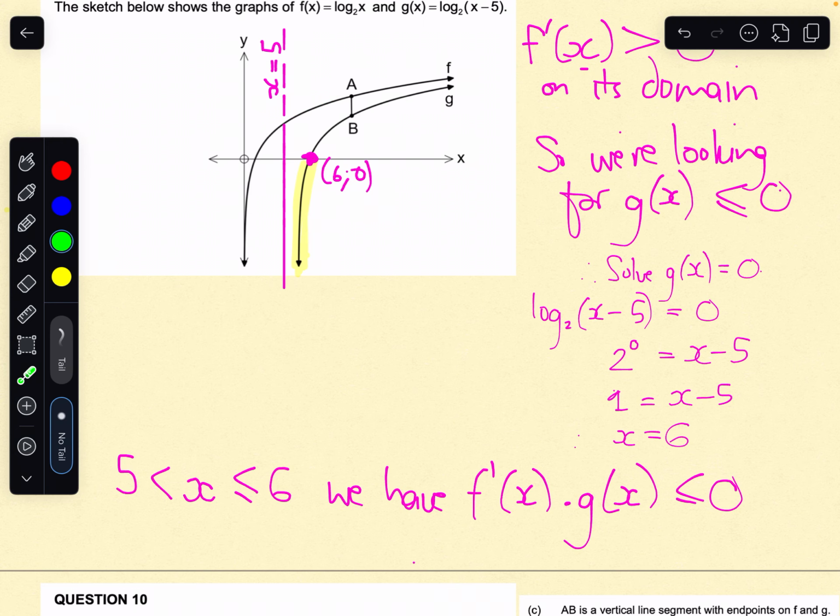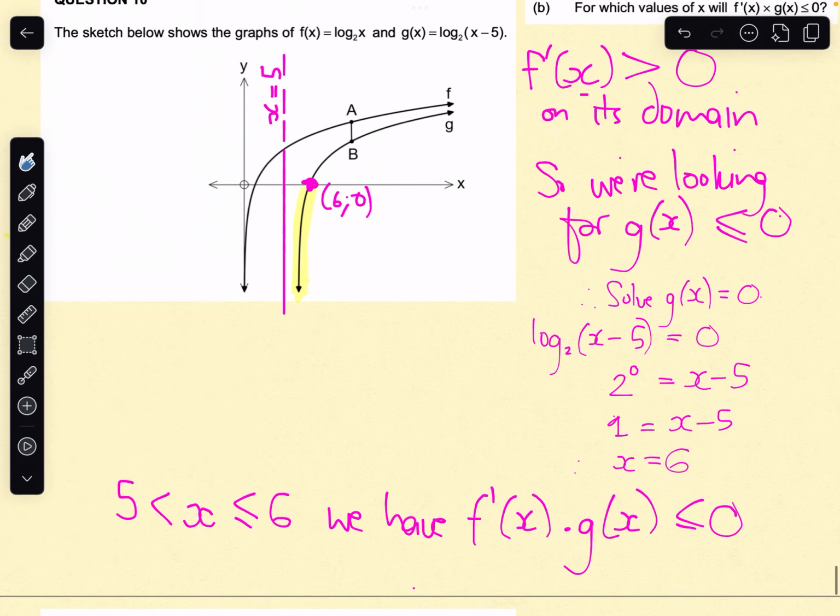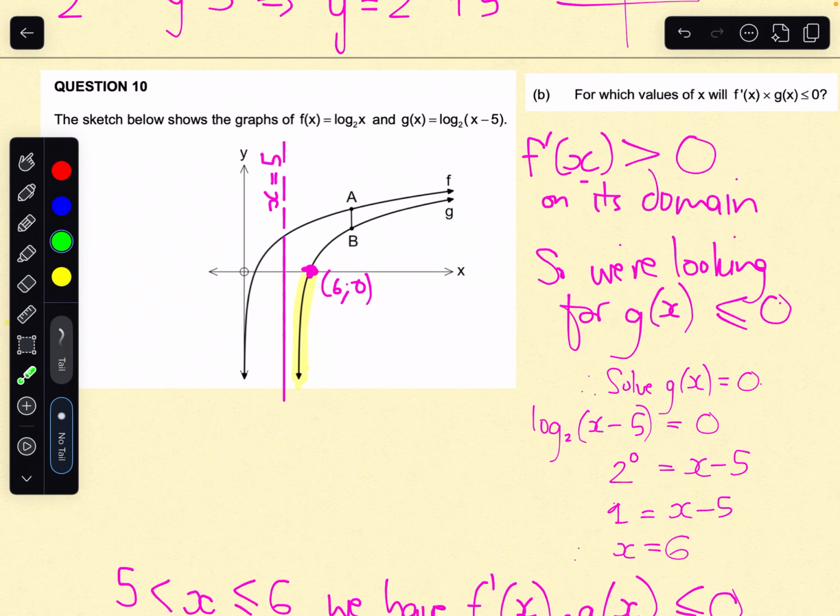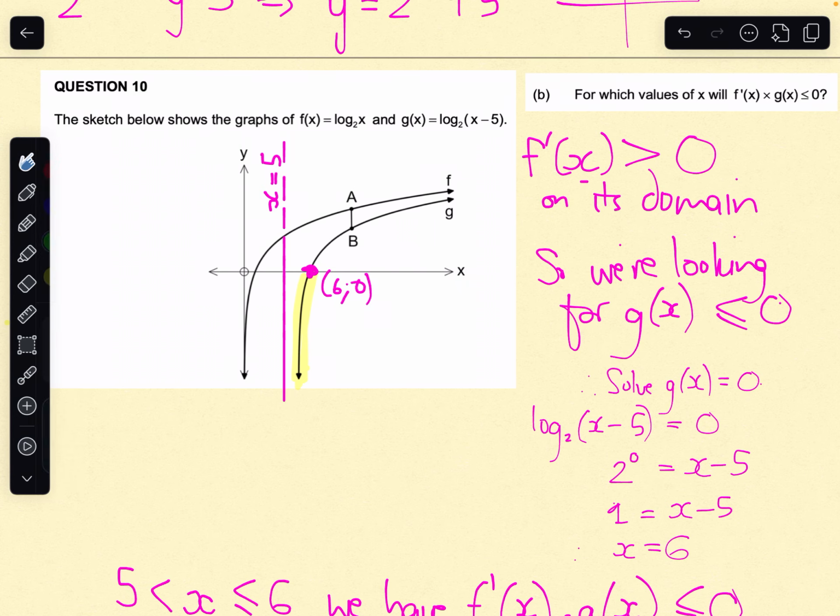As we noted, it's positive for any x value. The value of g is 0. So if you times the two together, you're going to get something equal to 0. And in this inequality, we're looking for places where the product is smaller than 0 or equal to 0. So the 6 also qualifies.